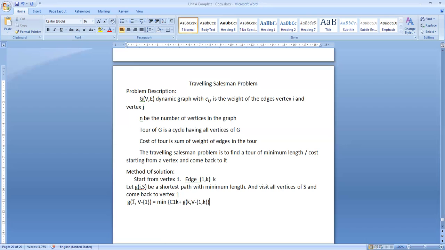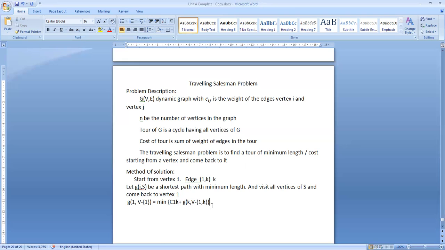Again, I want you to understand this particular thing very carefully. Then only we can proceed with some example problems. I'm starting from vertex 1. Visit all the vertices other than the vertex 1. That is my aim. So I start from vertex 1 to some vertex k, which could be any one of the remaining vertices. So C1k plus then from that vertex we have to visit the remaining vertices other than 1 and k and come back to vertex 1.